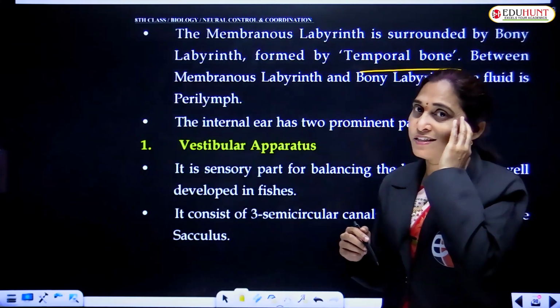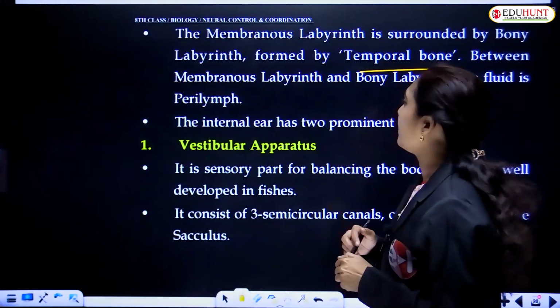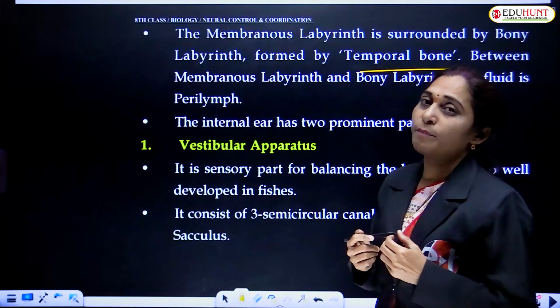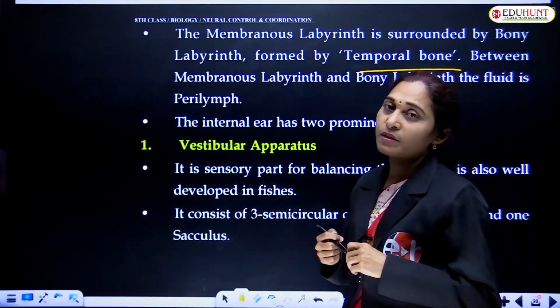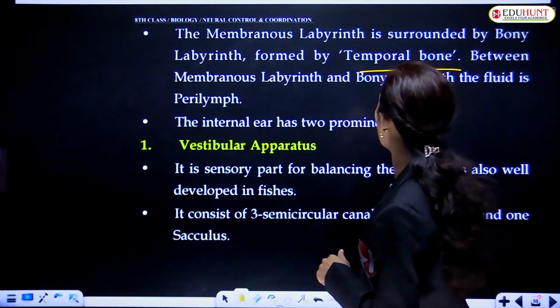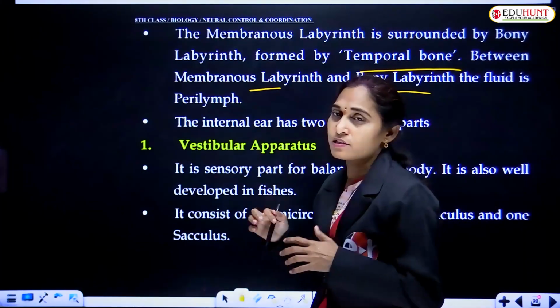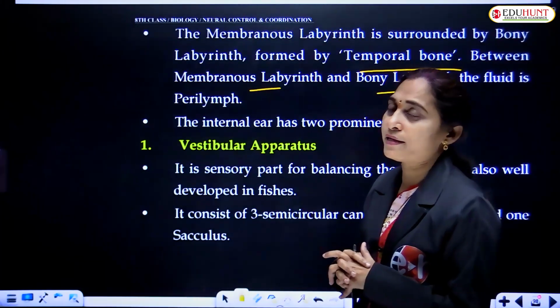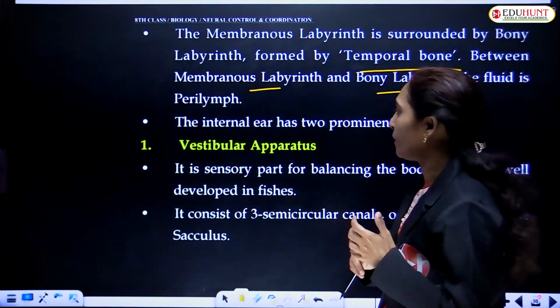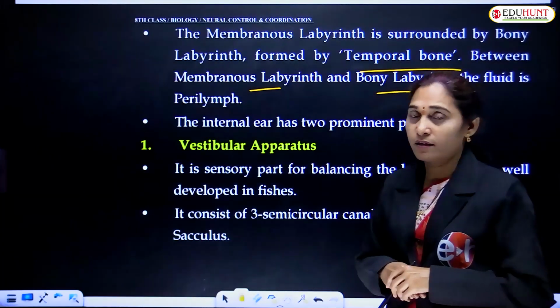Between the membranous labyrinth and the bony labyrinth there is a fluid called the perilymph. There is a difference between endolymph and perilymph that we will see later.